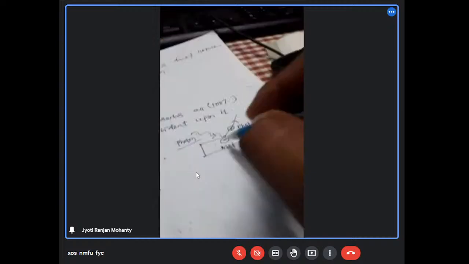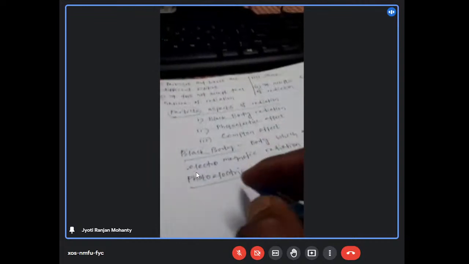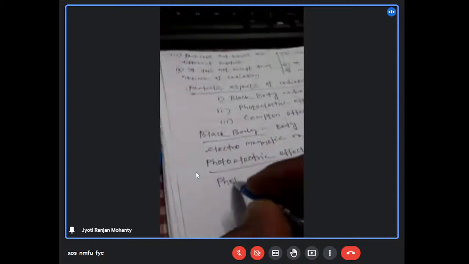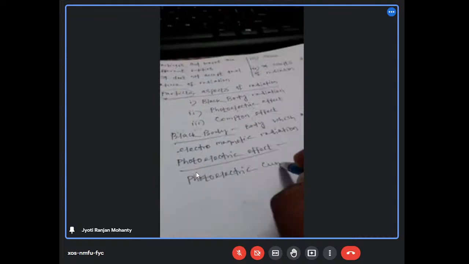As you know, due to the free electrons, current will be developed in the circuit if you join it, which is known as photoelectric current.